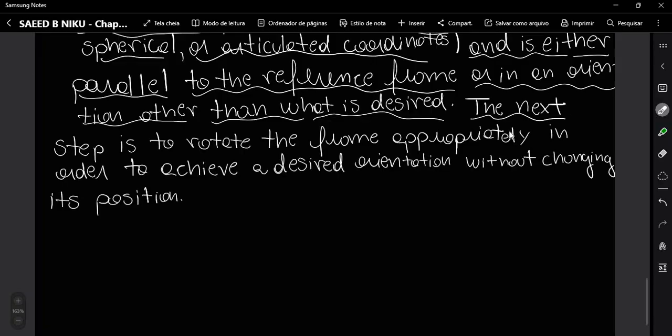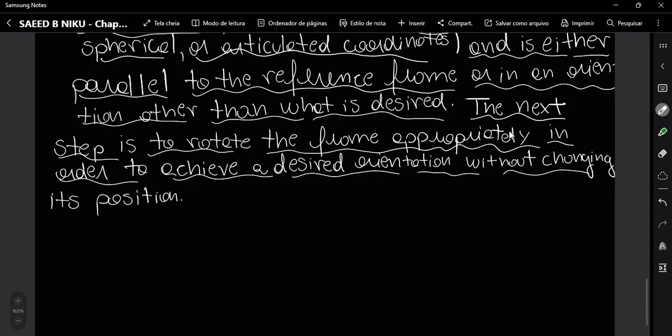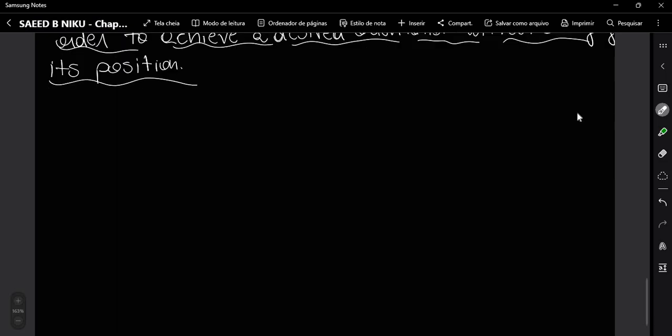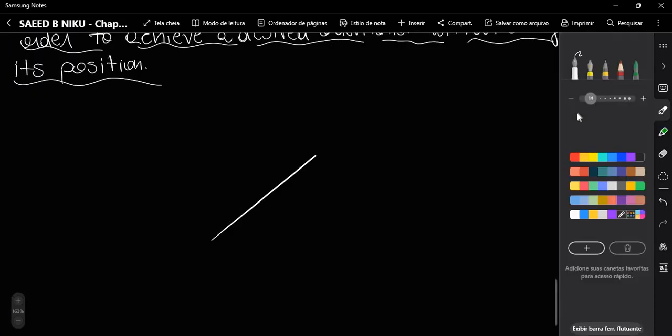And the next step is to rotate the frame appropriately in order to achieve a desired orientation without changing its position. So let's see. I will have to draw this again. Now let's draw with the coordinate system.